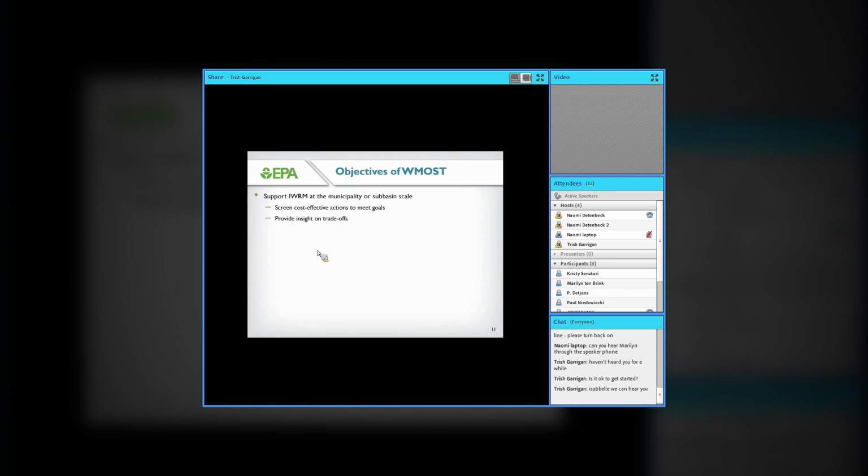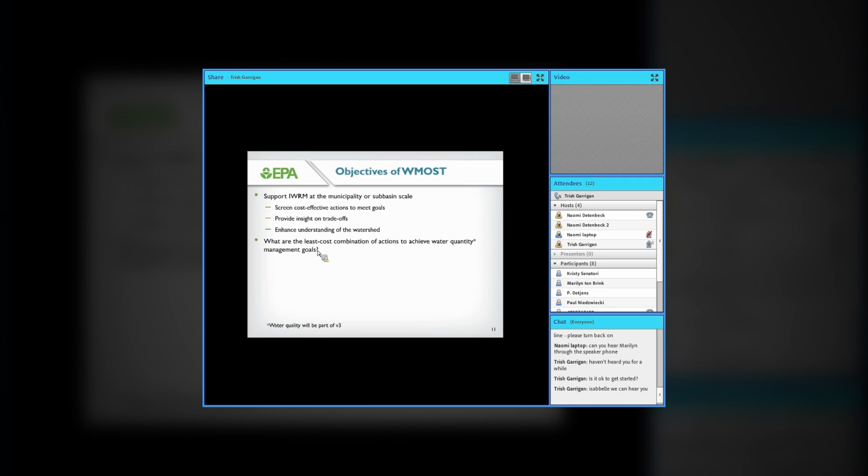So the overall goal question that WMOST answers is, what is the least cost combination of actions to achieve water quantity management goals? That pretty much sums up the model and what it's going to help you do. And water quantity is what version 2 answers right now. Version 3, which will be out later this year, early next year, will also address water quality.